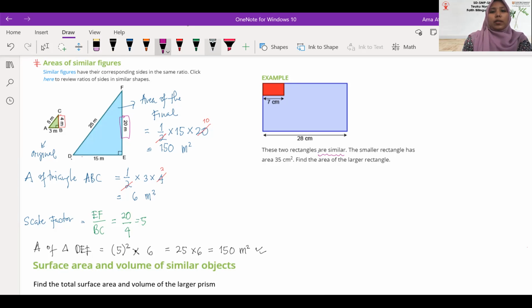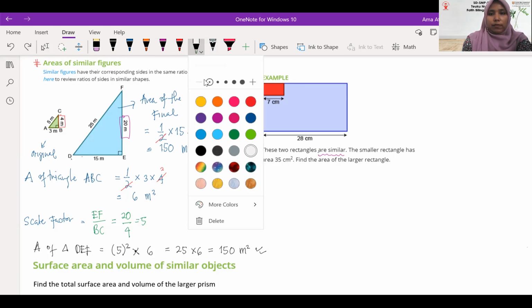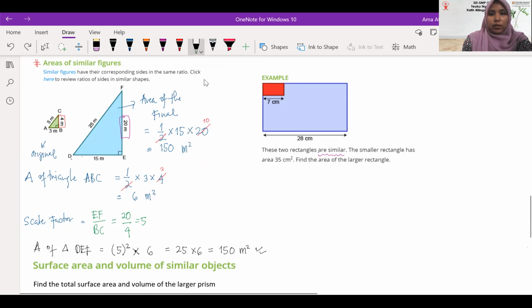Let me write 35 square meters, maybe in white so that it will be clearly seen. So the area of the smaller rectangle is 35.